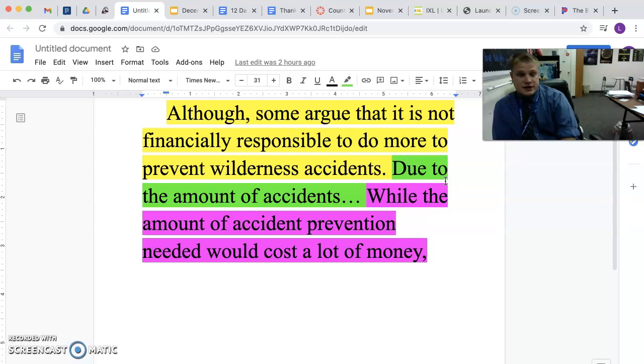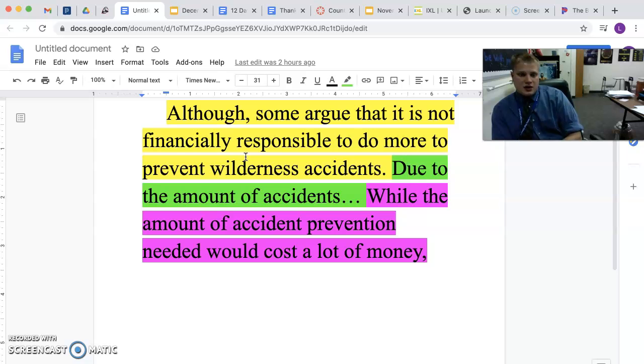So you have to explain that in the wilderness there are a lot of different ways people can get hurt. They can get hurt through biking, hiking, whatever. You need to explain it. Dehydration. Explain the amount of accidents, and then explain that because there are so many, there's no way that the U.S. or the Utah state government could pay to prevent all of them.